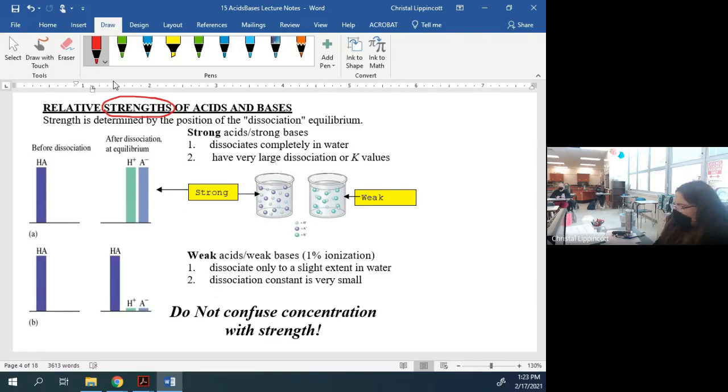So when we are talking about an acid being strong, what that means is that when we have our HCl here, we have an arrow. That arrow points one direction and only one direction, and all of that material dissociates into ions. That is a strong acid. The Ka value for this is going to be some number times 10 to a positive value.